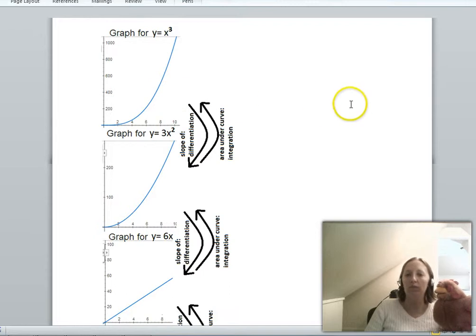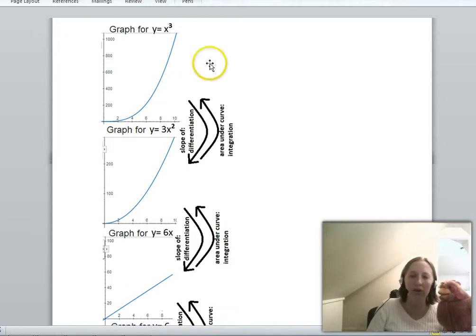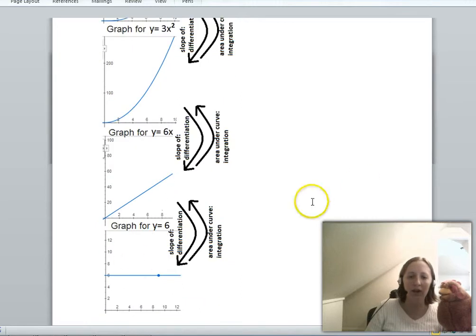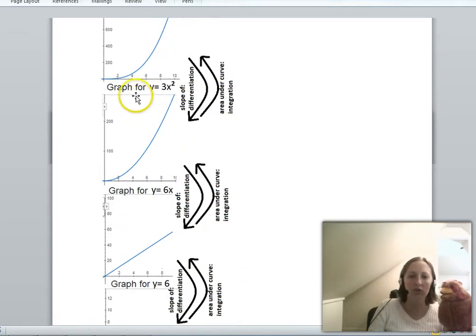So one thing that you need to know is there's a list of 4 graphs that go in order. Graph number 1 is a cubed graph, followed by a squared graph, followed by a straight line angled graph, followed by a straight line flat graph. So x cubed, a squared graph, an x graph, and a flat graph.